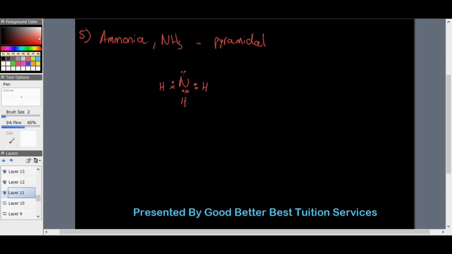Again, I can't demonstrate the 3D-ness of it, but NH3 ammonia would be said to be pyramidal. Tetrahedral usually means 4. So if you see a molecule with 4 hydrogens in it, we can assume it's most likely tetrahedral, and when we see 3 hydrogens in it, we could assume it's most likely pyramidal, but we'd have to judge based on the molecule.